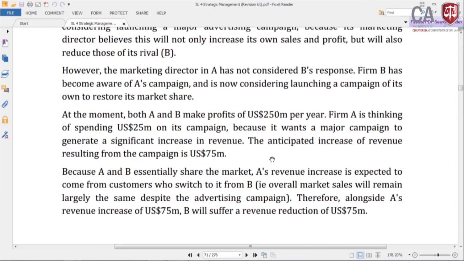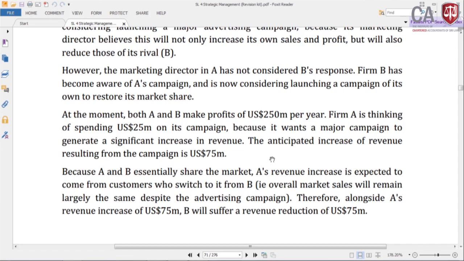Because A and B essentially share the market, its revenue increase is expected to come from customers who switch to it from B. Yes. So, B's profit will be reduced, then the gain will be enjoyed by A. Overall market sales will remain largely the same despite the advertising campaign, no increase in the sales.